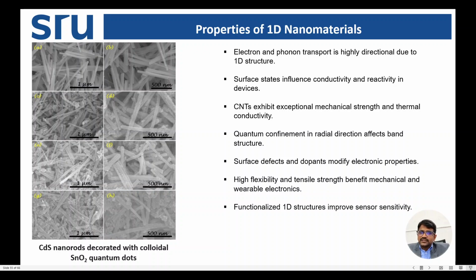Also, because of these nanowires, nanorods, they are flexible, right? If you take any wire, it provides some flexibility. Because of this flexibility, we can use them in wearable electronics. For example, nowadays we are using smart devices, flexible electronics.